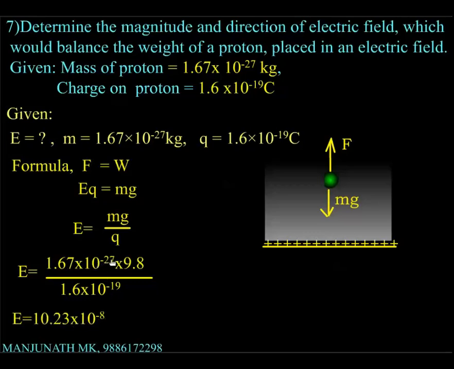This 10 to the power of minus 27 minus 19 gives minus 8. The SI unit of electric field is Newton per coulomb. It is very important to mention the unit. Otherwise, in the exam, you will lose 1 mark.